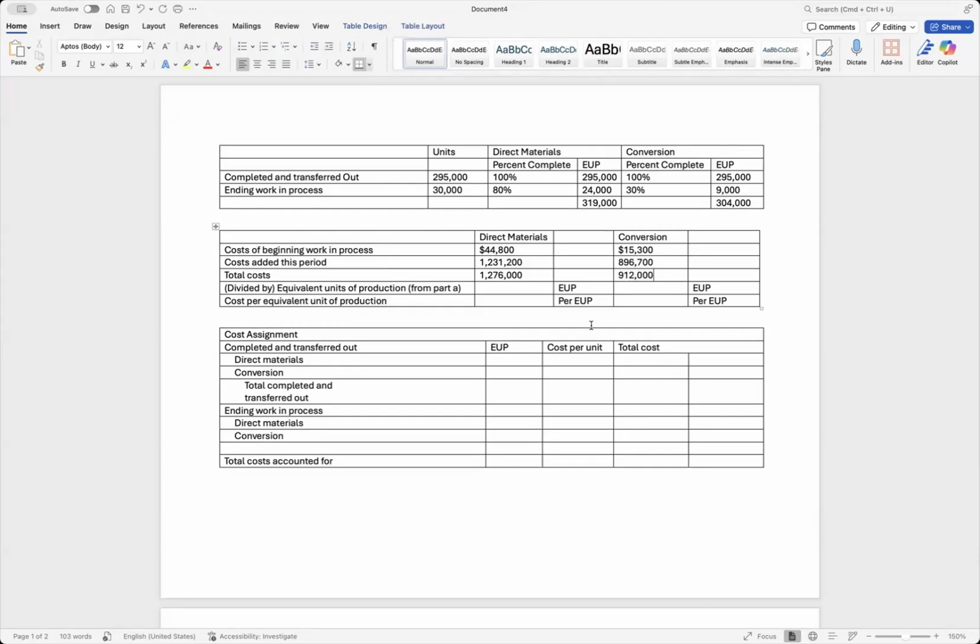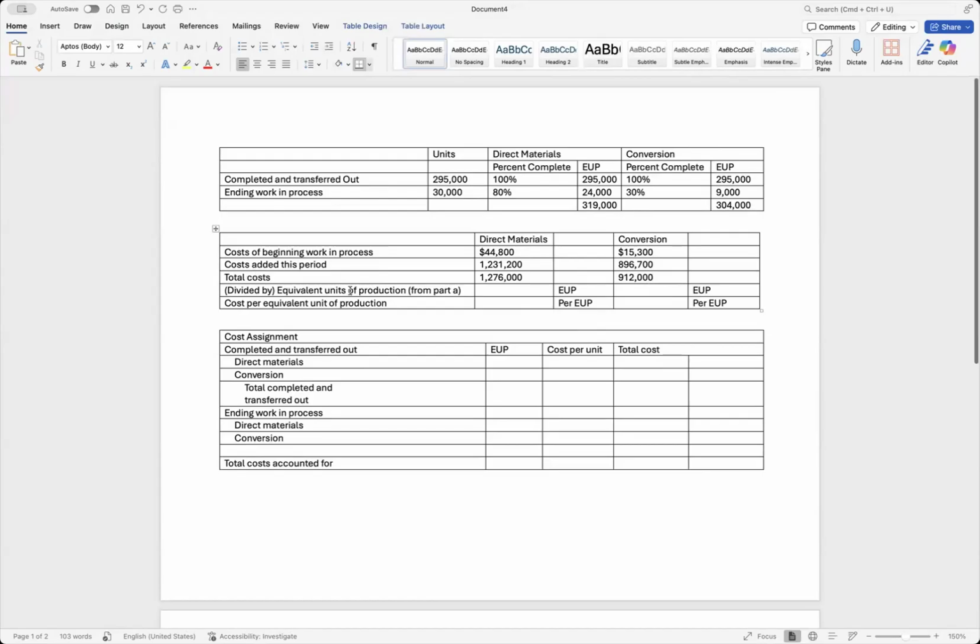Okay. Now, divide by the equivalent units of production from part A. So my equivalent units of production for direct materials from part A was 319. I'm going to take 319 and put it here. And my equivalent units of production from part A for conversion was 304. I'm going to type that here.